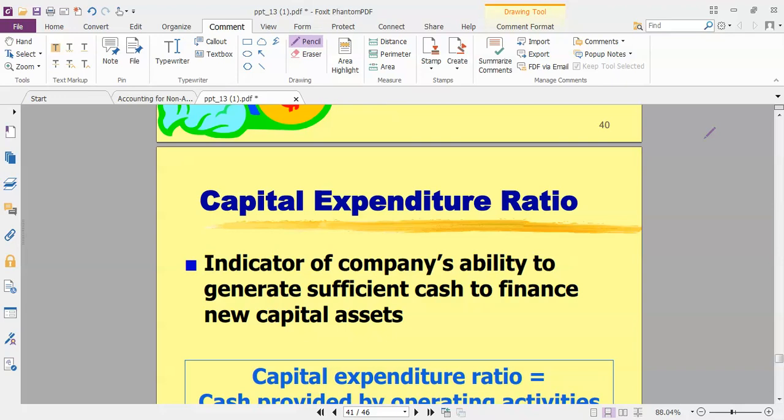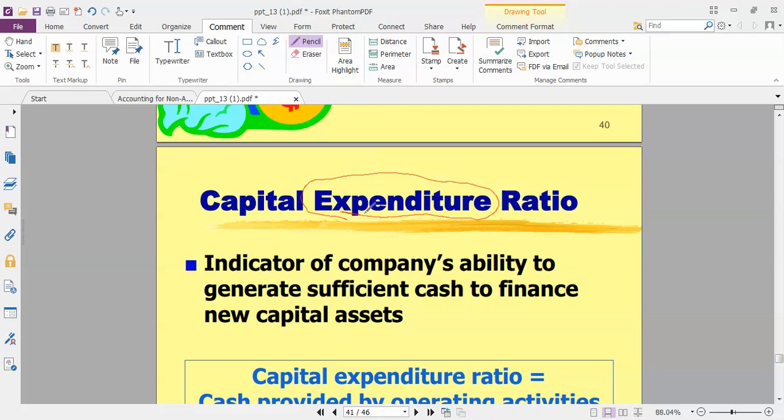New capital assets, what is capital expenditure? It is actually when we pay an amount of money in order to get assets, non-current assets, so that is the capital expenditure.